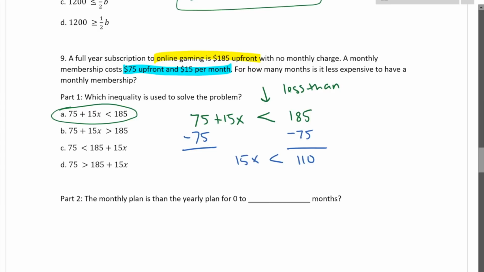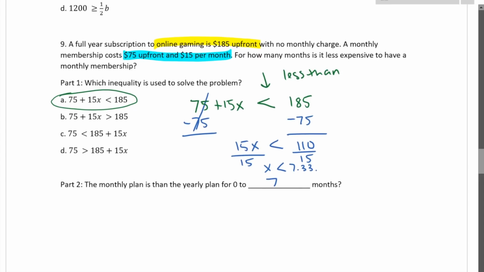Drop down everything else. 110 divided by 15 gives us an answer of x would be less than 7.33 months. So we would just say the monthly plan is less than the yearly plan for 0 to 7 months. Now if this went over, you don't want to ever round up. Don't round up, just keep it down. So 7 months is your answer.